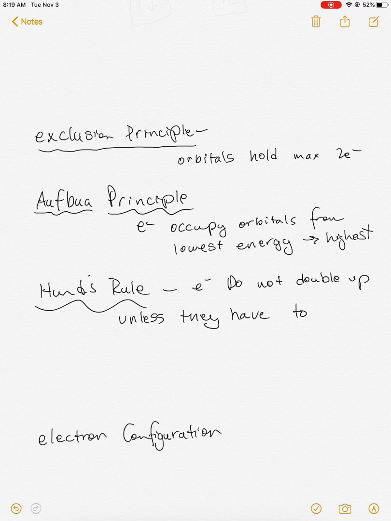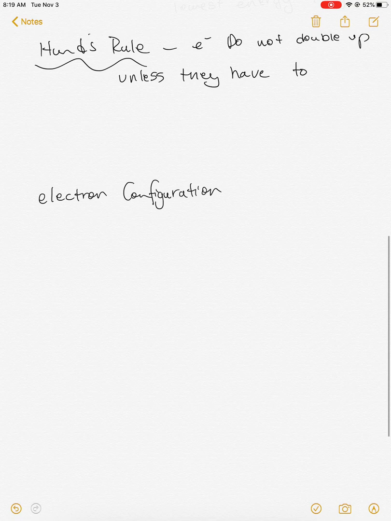The Aufbau principle says that electrons occupy orbitals from the lowest energy to the highest. And Hund's rule says that electrons do not double up unless they have to. So let's go ahead now and get an address for some element, and that address is called the electron configuration.